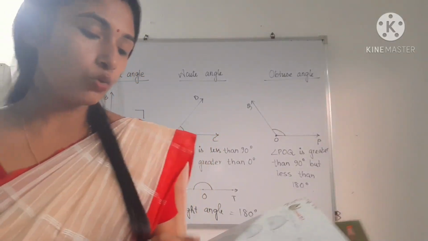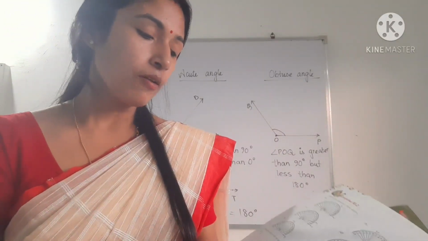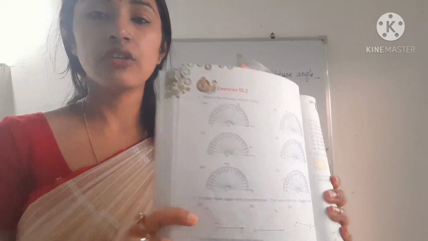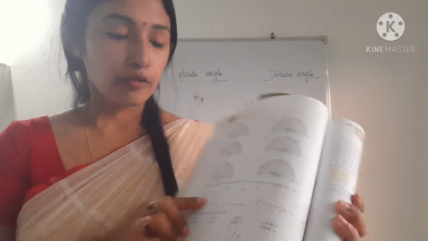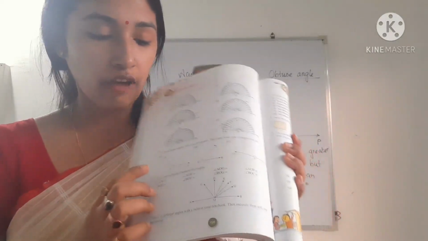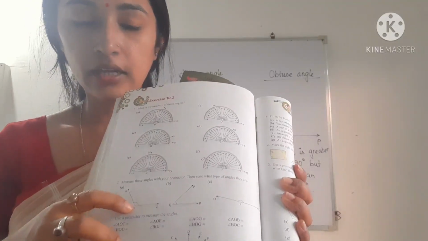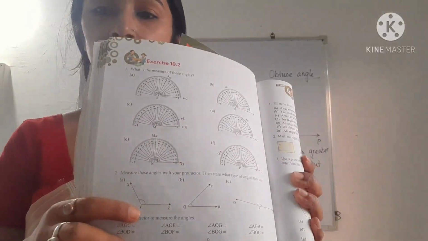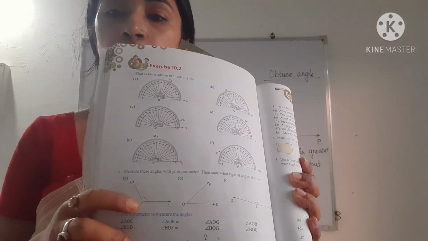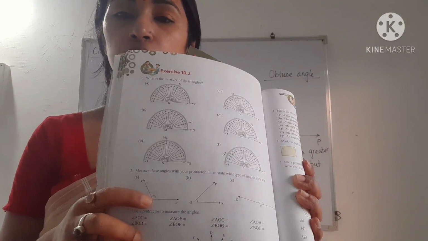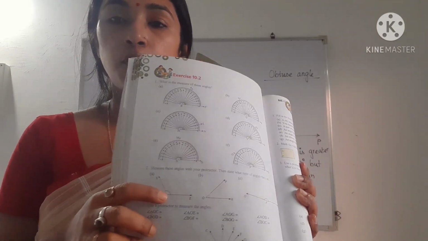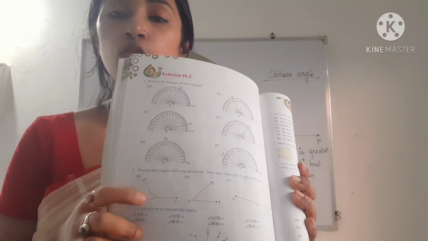And number 2 also you have to do in your book. Use the protractor to measure the angles. Already I have shown you how to measure. You have to place the protractor above this point, that is Y. Here in number C, you have to put the center point of the protractor over this point.